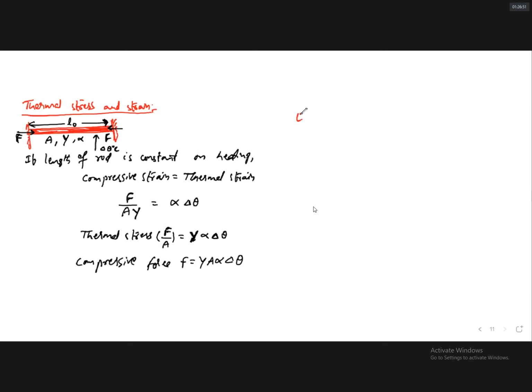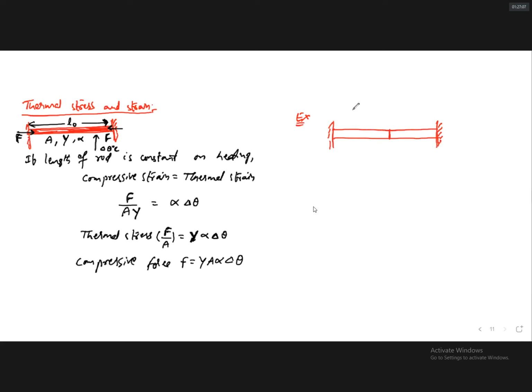Suppose two rods are joined in series, as also given in elasticity, riveted together between supports.